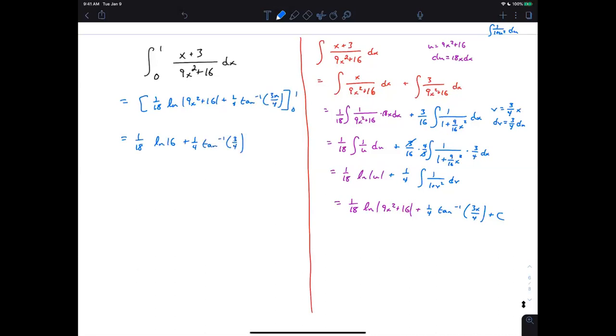And so that's what you get when you plug 1 in, and then you plug in 0, and you get 1/18 log of 16 plus 0. Inverse tangent of 0 is 0. Those other ones you can't simplify using trig, and so you leave those other than just, I guess you can do, actually, 1/18 log 16 cancel out? I guess it does. Sorry, my bad. Those cancel. So you get 1/4 inverse tangent of 3/4.